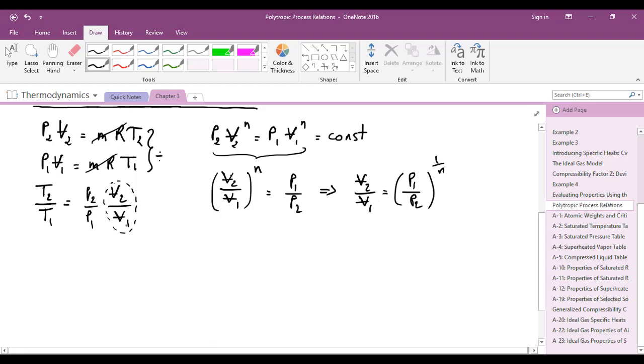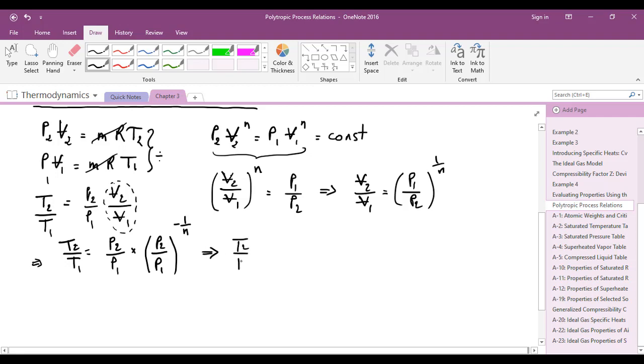So if we replace this equation here, then we will have T2 over T1 is equal to P2 over P1 times P1 over P2 to power 1 over n. We can write it as P2 over P1 to power minus 1 over n. So in this way we will obtain that T2 over T1 will be equal to P2 over P1 to power n minus 1 over n.